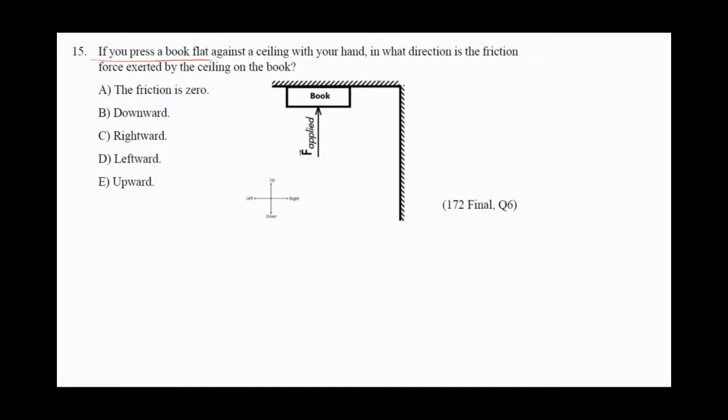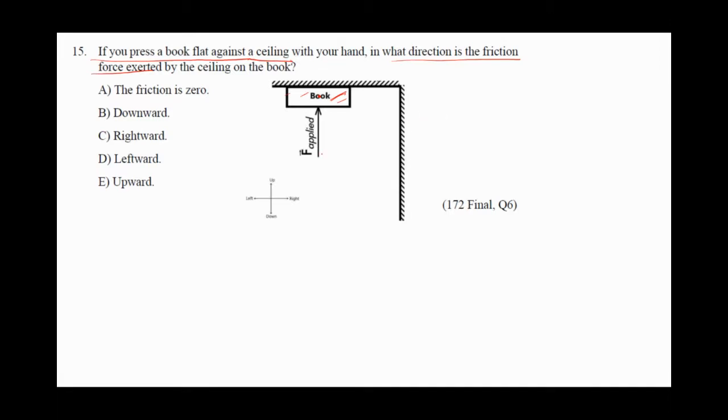If you press a book flat against the ceiling with your hand, in what direction is the friction force? Here we need to draw all the forces acting on the object. This is the book. Ceiling means سقف. Wall, حائط.